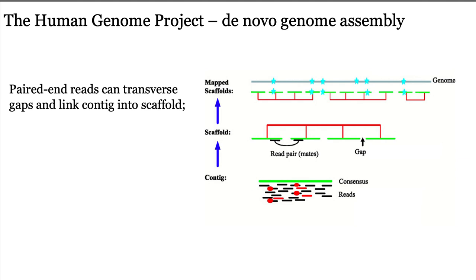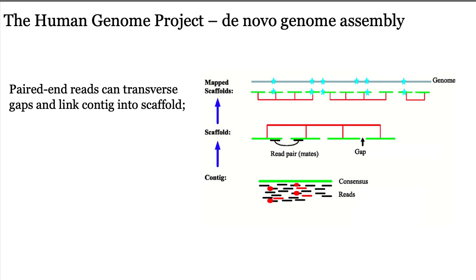So we know that the distance between those two reads is about the size we selected, the size of the DNA fragment. So we can estimate the size of that gap, and we can fill in unknowns, like N, in those places. So a scaffold usually has missing data about nucleotides.